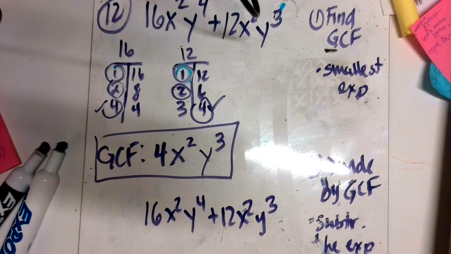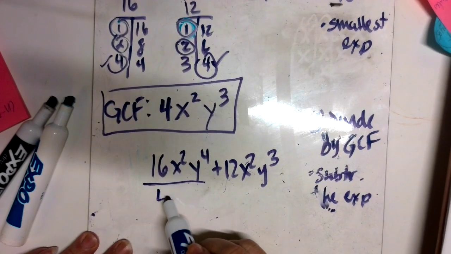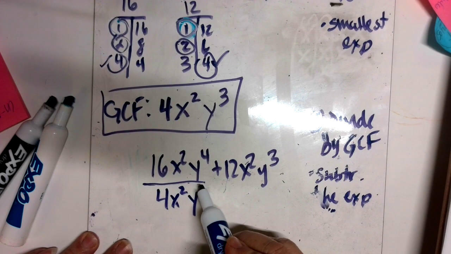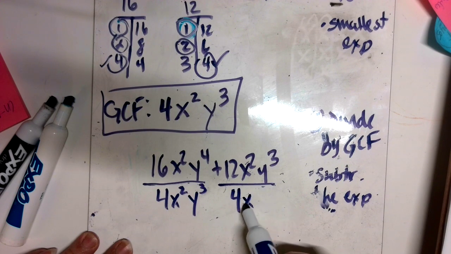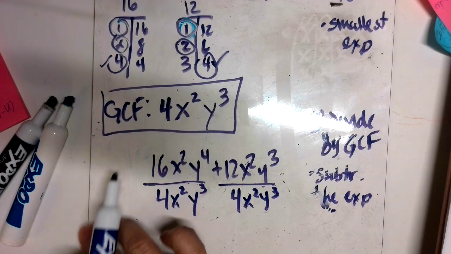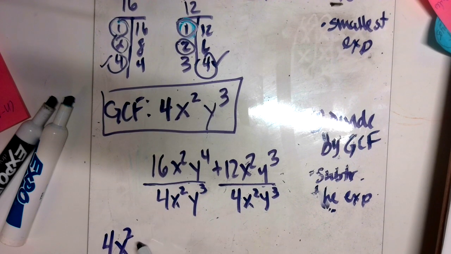Okay, the original, and then I'm going to divide by the GCF. So I'm going to divide both terms by 4x squared y to the 3rd.